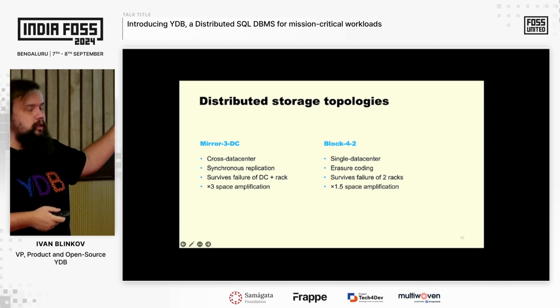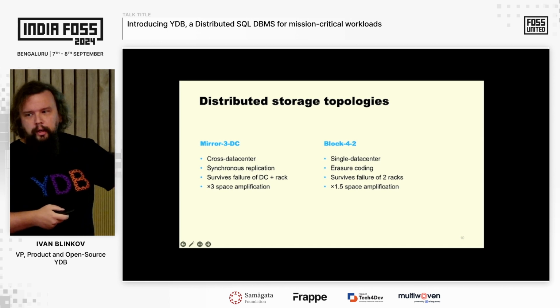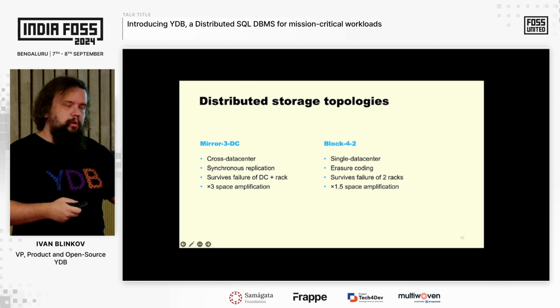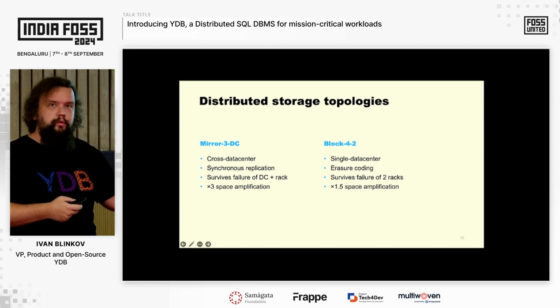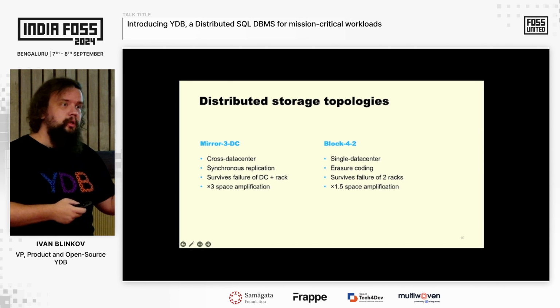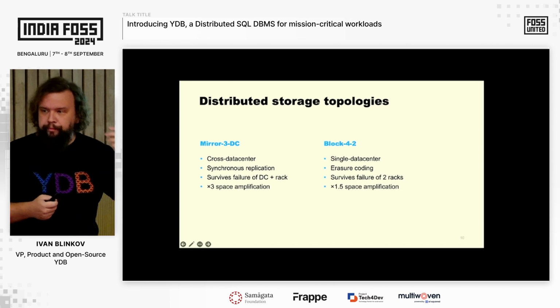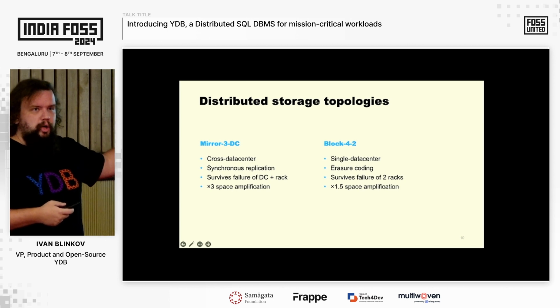And also YDB has an alternative, a kind of compromise mode called Block 4+2. It's designed for single data center operation, but with still a reasonable level of fault tolerance, so you can survive 2 server racks going down and still continue operating, accessing your data as if nothing happened. And there are a couple more reasons you might choose this right one.